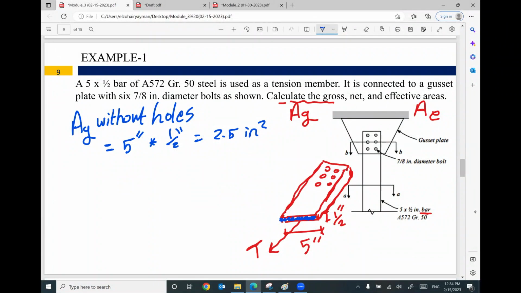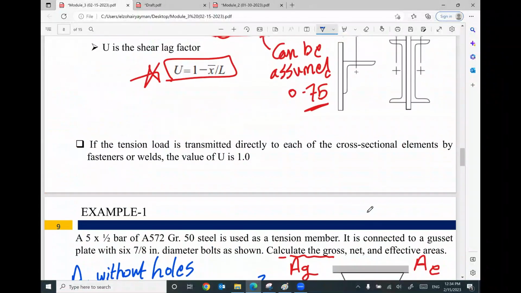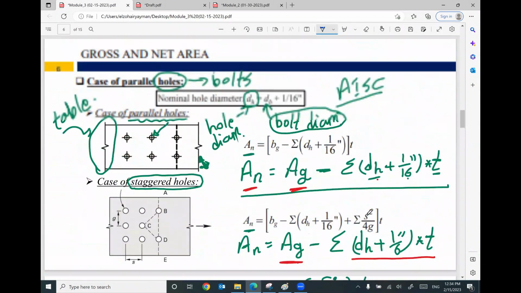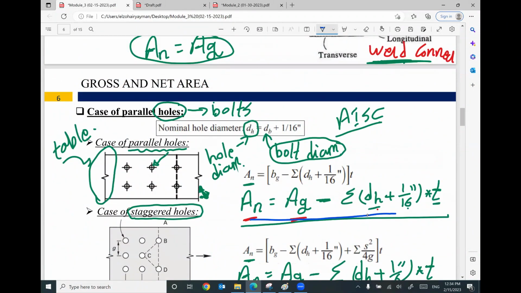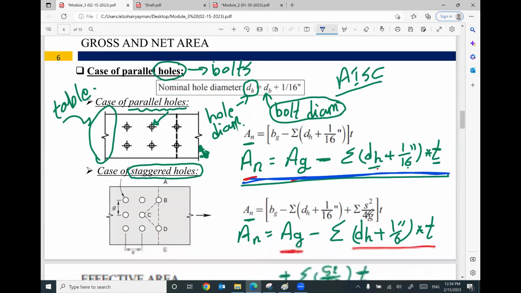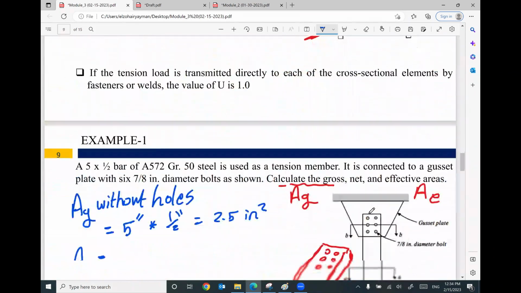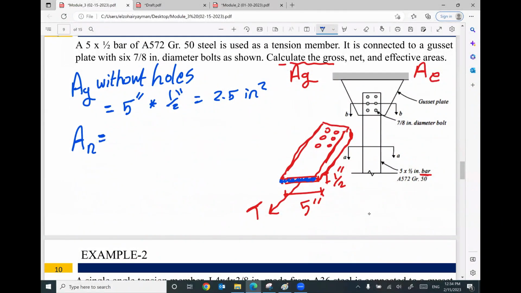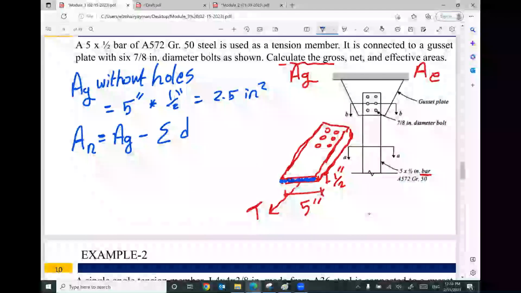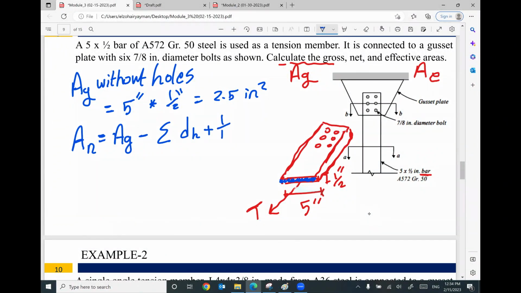If you would like to figure out the area net, we have an expression. Since your bolts are arranged in a parallel pattern, rows and columns, we have this expression here for area net. I will write it here. Area net equals area gross minus summation (d hole plus 1/16) times thickness.